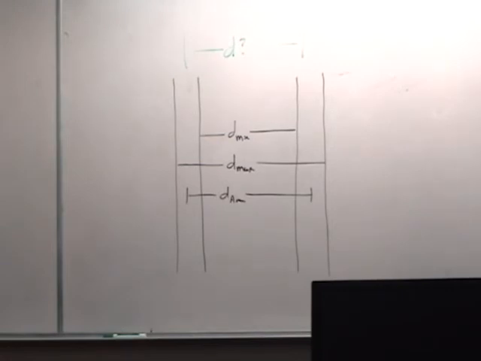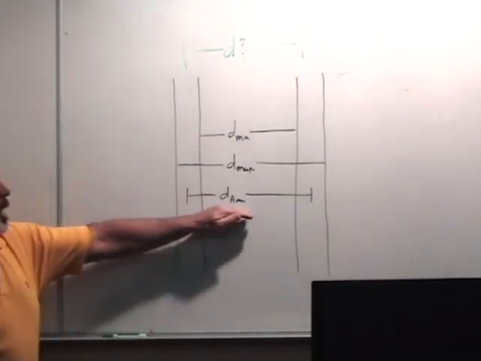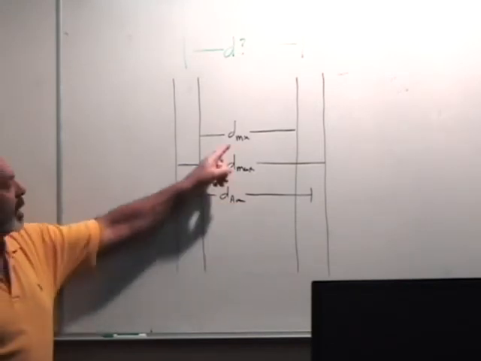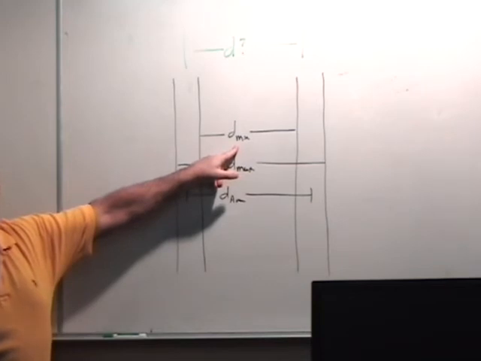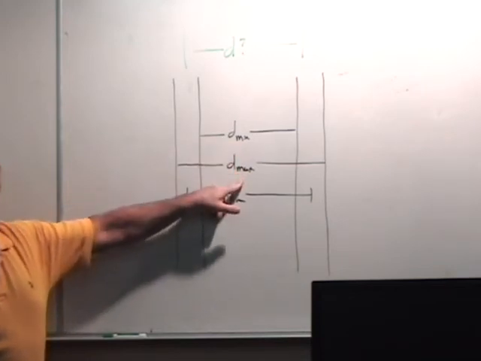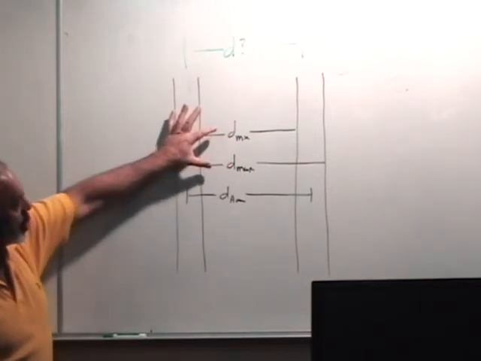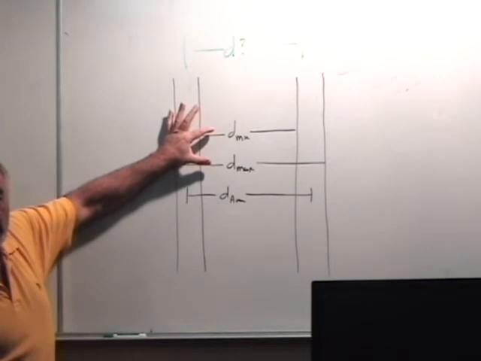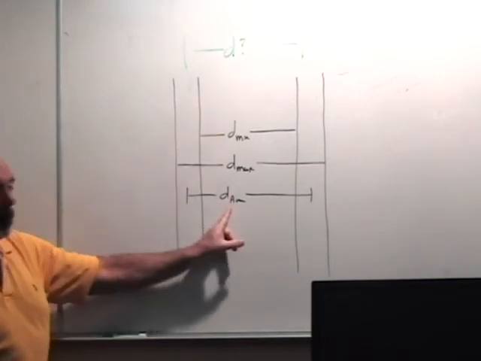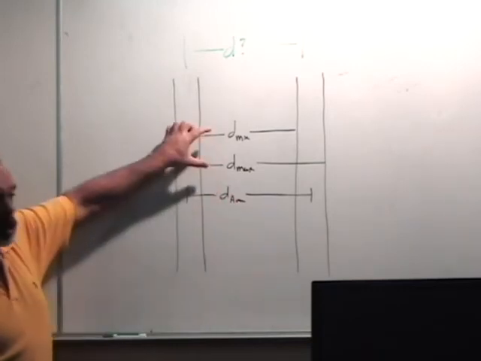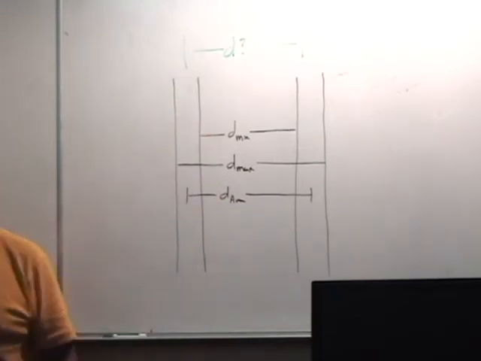What you do is you say, I will start my calculation by using d average, but I'm also going to calculate the wavelength using the others. This is the minimum little d that could possibly be. This is the maximum little d could possibly be. So that's going to define the range on your answer. Your answer is actually the range between these two calculations, and your best guess is this. But that's not your answer. This range is your answer.